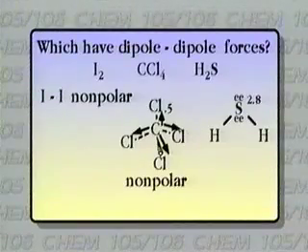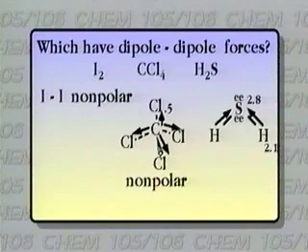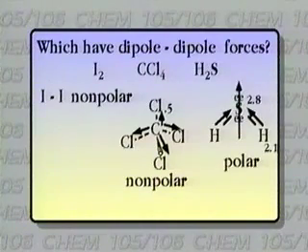And are there polar bonds is the next question. Well, yes, sulfur is 2.8, I believe, and hydrogen 2.1. So we do have a vector that direction and that direction. And so, yes, in fact, we're going to have a net vector. So it is a polar molecule, and therefore it will have dipole-dipole forces.